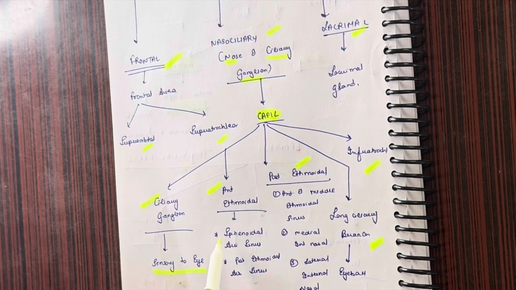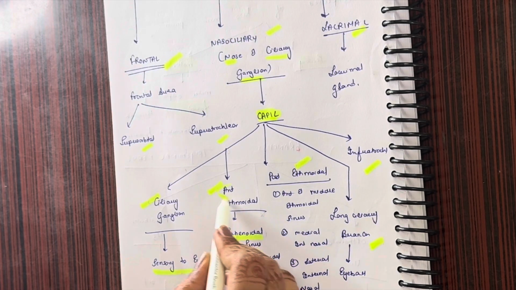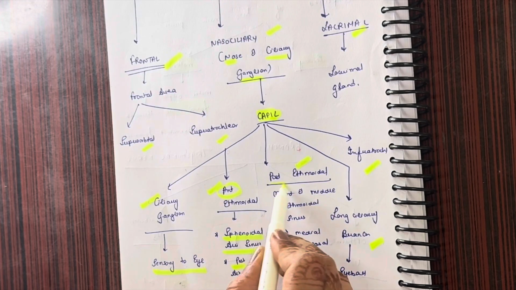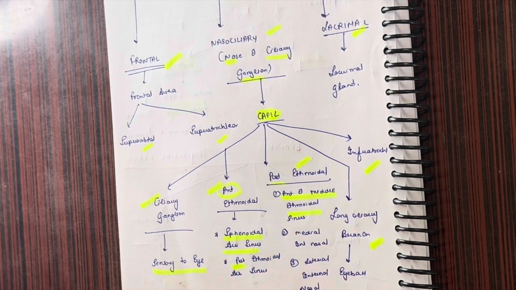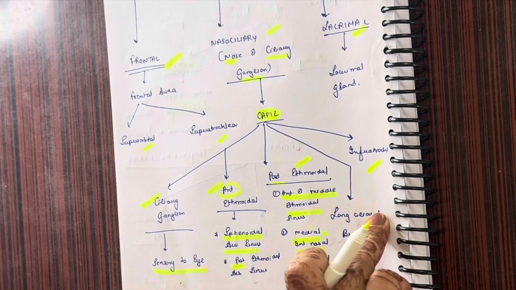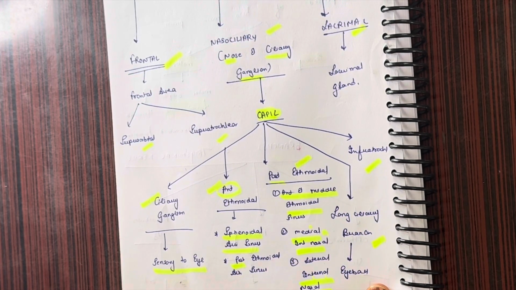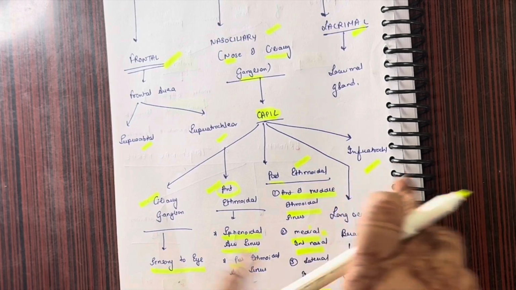Anterior ethmoidal supplies the sphenoidal air sinuses, and the posterior ethmoidal, इसमें उल्टा है, anterior सप्लाई करेगी posterior को और posterior सप्लाई करेगी anterior and middle ethmoidal sinuses को. Medial internal nasal as well as the lateral internal nasal. Medial और lateral दोनों nasals इसमें आ गए, as well as the external nasal. Now, the long ciliary supplies the eyeball. Ciliary is sensory to the eye, long ciliary is supplying the eyeball, and infratrochlear.